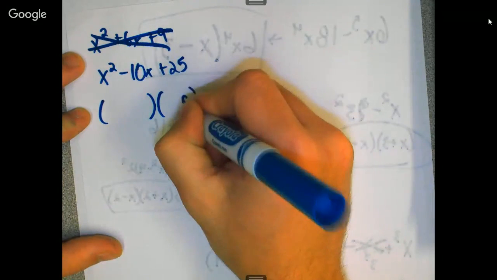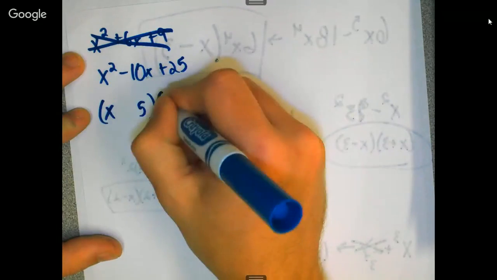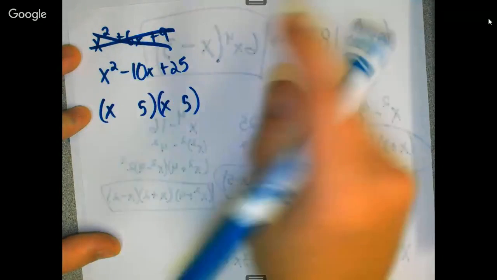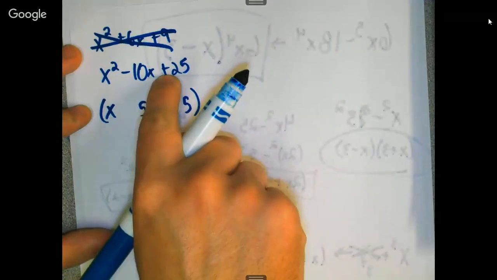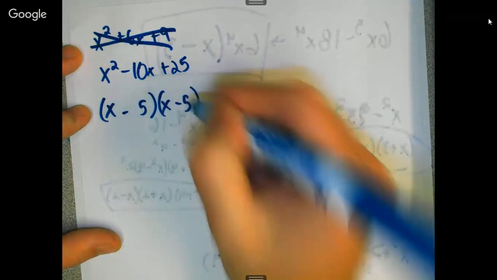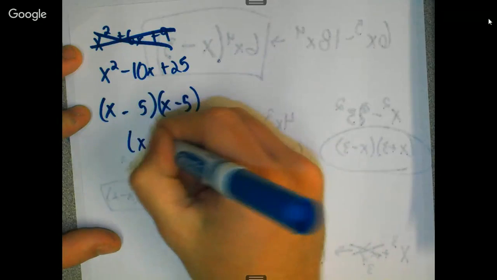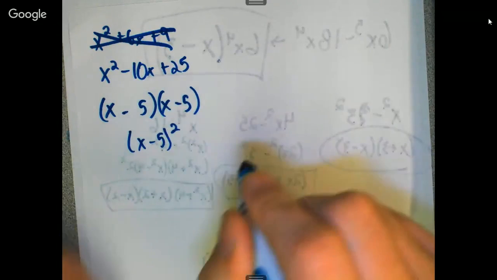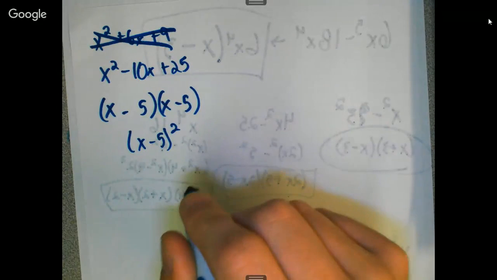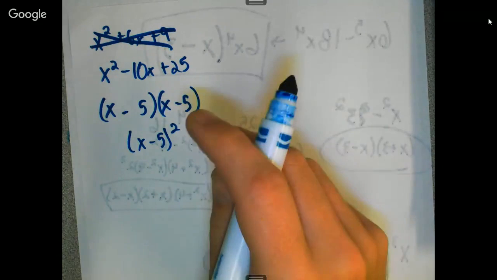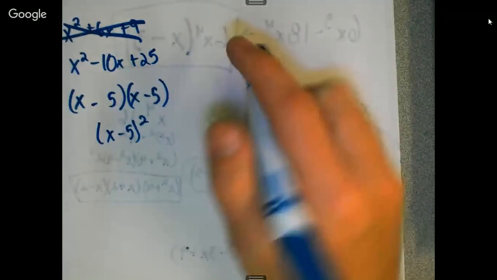There's 5 and 5. Your x's are there because you don't have a coefficient up front. Signs are the same, and they are both negative. And there you go. Now, since both of these factors are identical, we can write it as squared if we would like. If you don't, I'm not going to count you off if you don't do that.